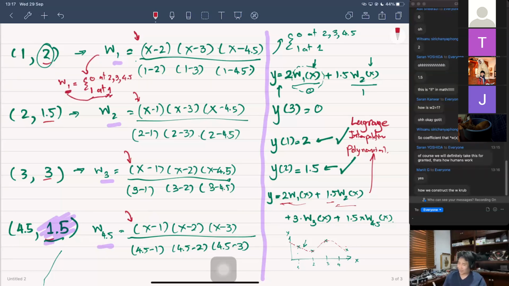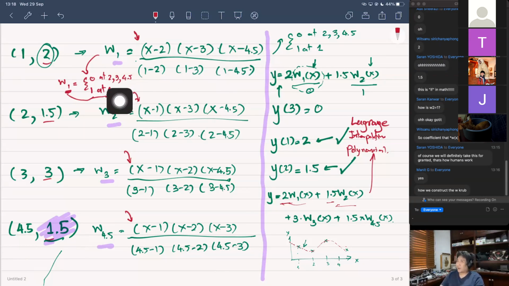That is the only requirement. So the way we should think about it is, now I know how to get it to be 0 at 2, 3, and 4.5. That is easy. You just multiply together x minus all the other points, because when x is 3, the second factor is going to be 0. You multiply by whatever you want, it's going to become 0 anyway. So the first problem is solved: 0 at 2, 3, and 4.5.